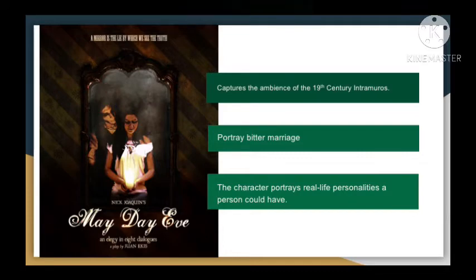The reader may observe this ambience through the portrayal of the gas lamps, streets, carriages, and the clothes of the characters, or even the dances during the era that are noted in this work.